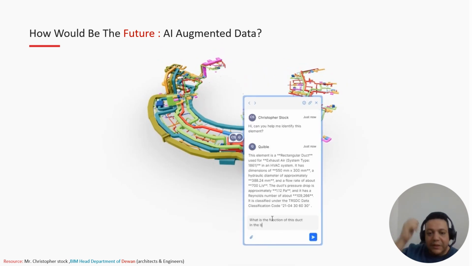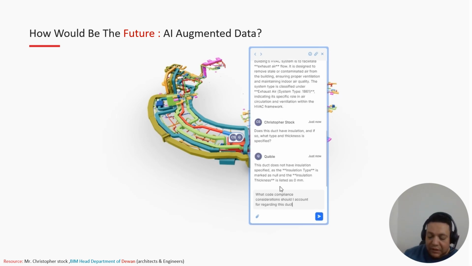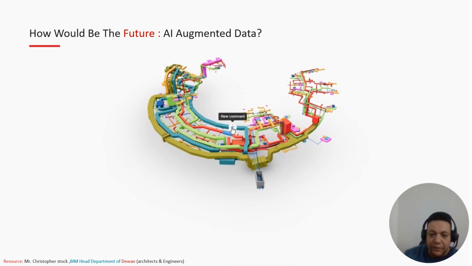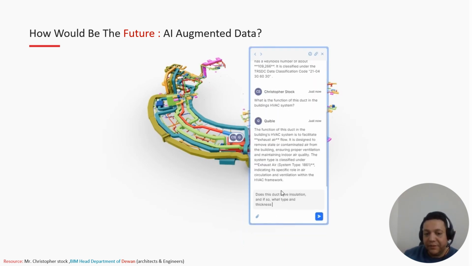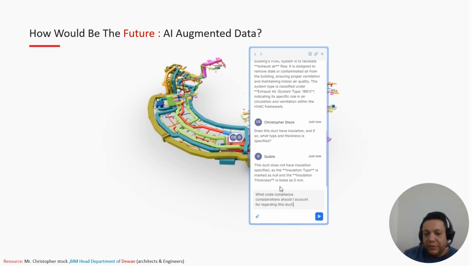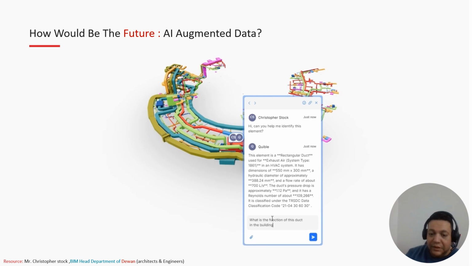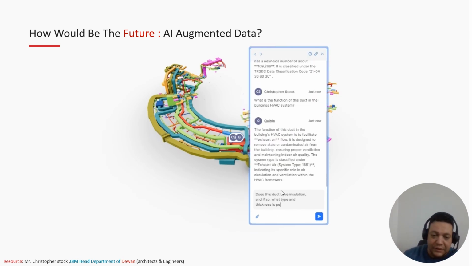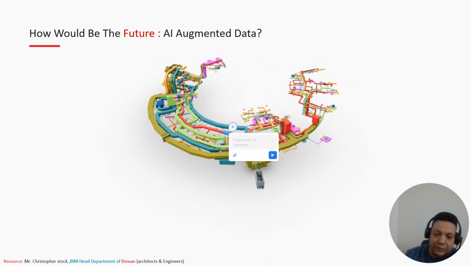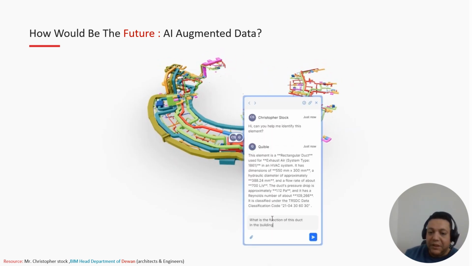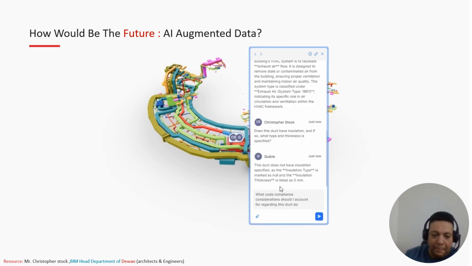As you can see, there is a video given to me by my BIM head manager, Mr. Christopher Stock, where AI is integrated in the BIM model itself and the digital twin, where we can ask the element itself about its features, which gives easy access to whole information. And of course, as we said before, it will be predictive for maintenance and give easy access for the process.